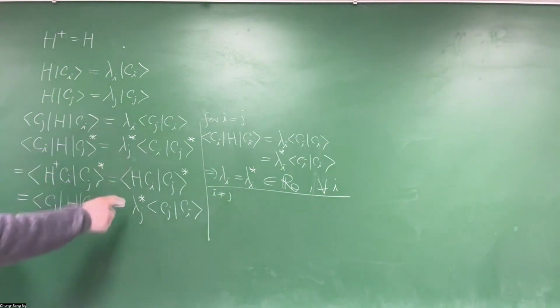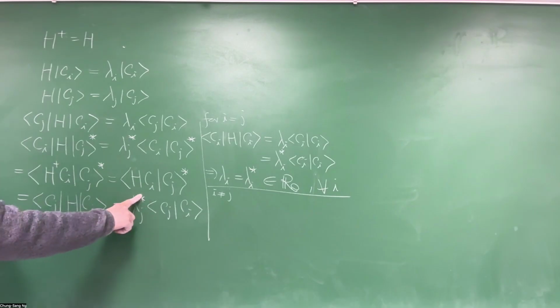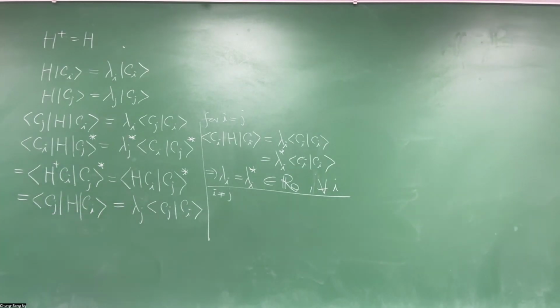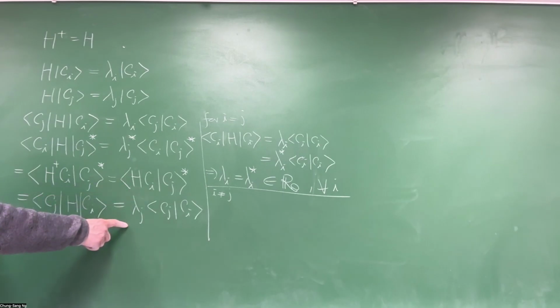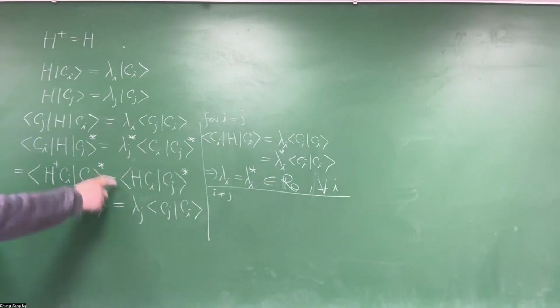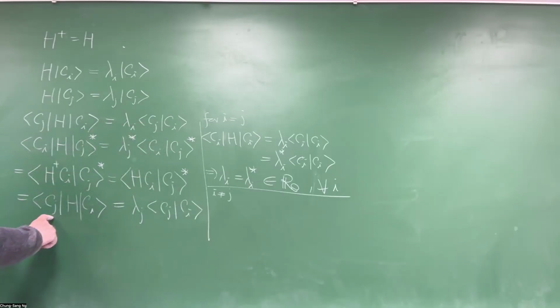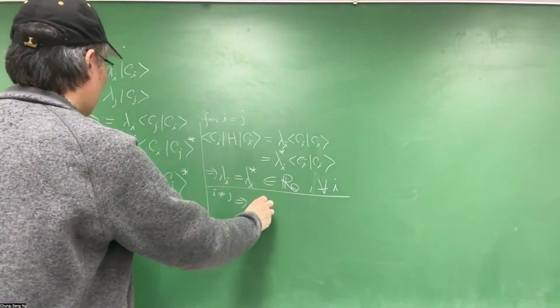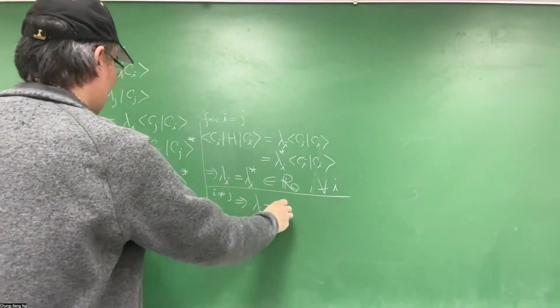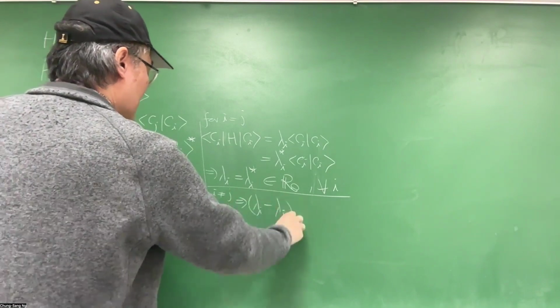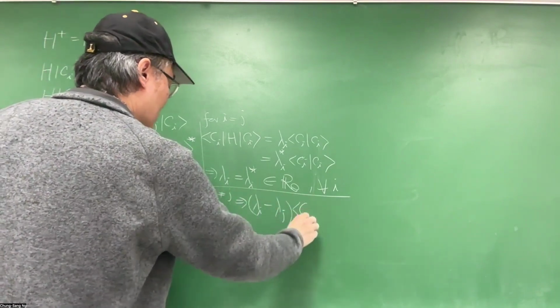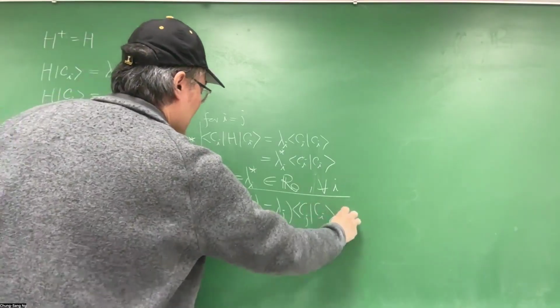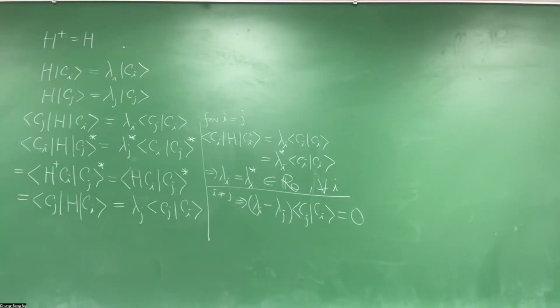We go back to this, but then we get rid of the complex conjugate because they're real, so you don't need a complex conjugate for a real quantity, right? Now you use this equation, this equals this equals this, and you get (lambda_i minus lambda_j)(c_i, c_j) equals 0.